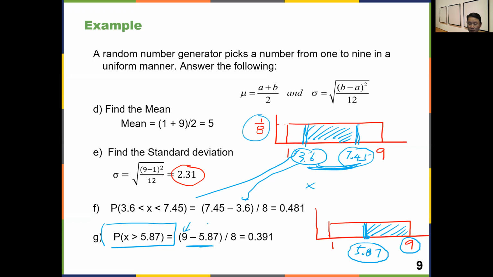The upper number minus the lower number gives me the base length, and times the height, which is just 1 over 8. If you type it up in your calculator, this is what you get. Let me give you a little time to type it up in your calculator and verify this result.